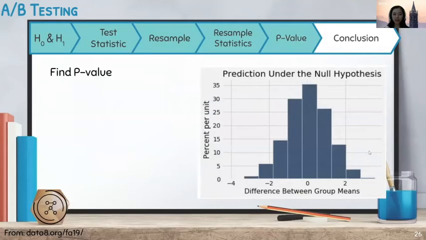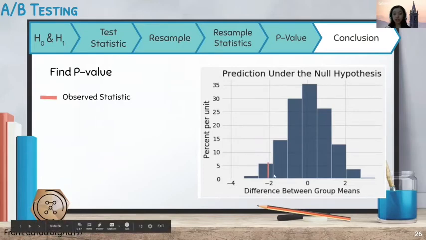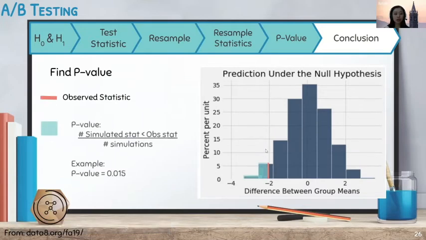What happens next is we're gonna find the p-value. So how do you find the p-value? Remember that first we have to put our observed statistic in the graph. So it's over here, it's negative 2.096. And then we would try to find the area where it is further away from the null, where it is leaning towards our alternative hypothesis.